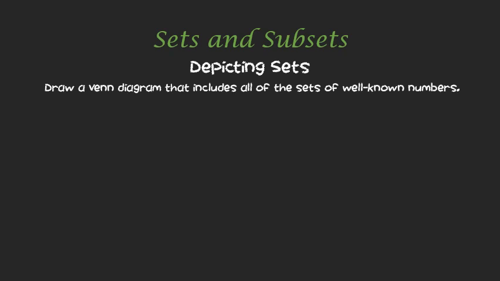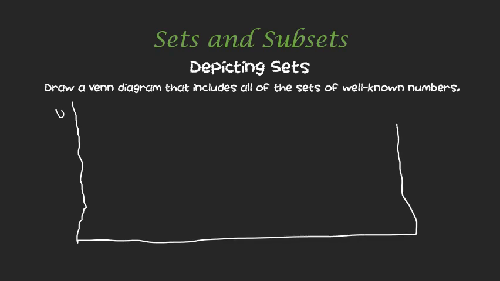So here I'm going to draw my universe of discourse, my universal set U. I'll make this really big. And I'll actually take U to be the real numbers here, because I know that all these well-known sets of numbers fit inside of the real numbers. So that'll be my big outside set, the real numbers.